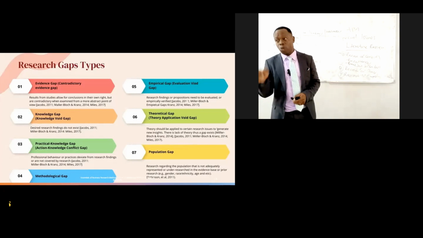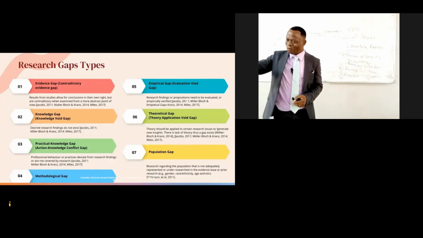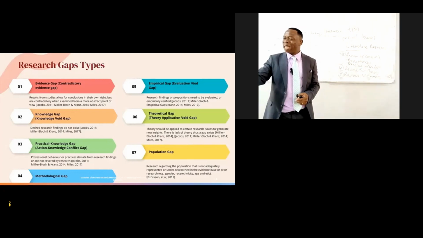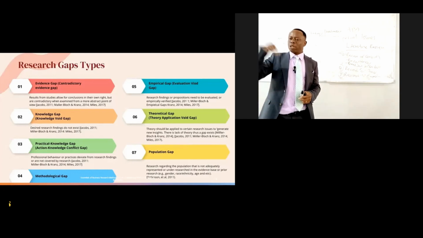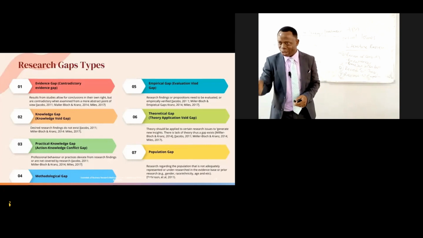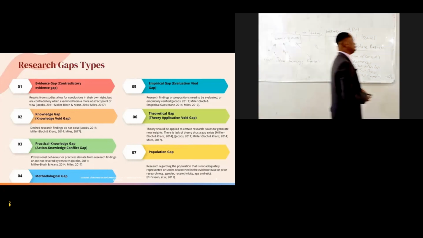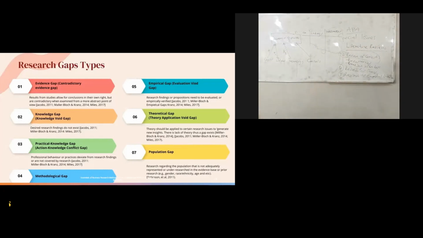It could be that you are the first to develop that methodology. That's fine. But it could also be that in that particular area, you are the first to apply that methodology to the specific issue and to adapt that methodology to the peculiarities of the discipline that you are looking at. So that becomes a methodological gap.